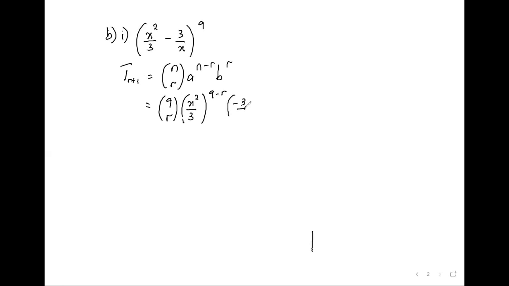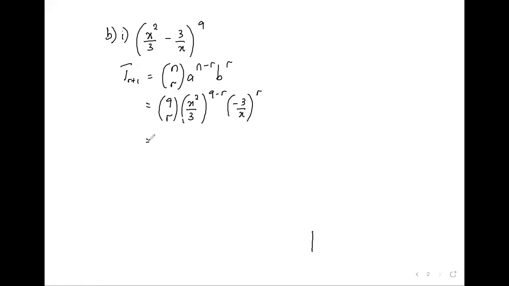Whenever they mention a term, ours is to record the formula: nCr a^(n minus r) b^r. So n in this case is 9. We don't know what r is. A is (x squared over 3) to the power 9 minus r. B is (minus 3 over x) to the power r.